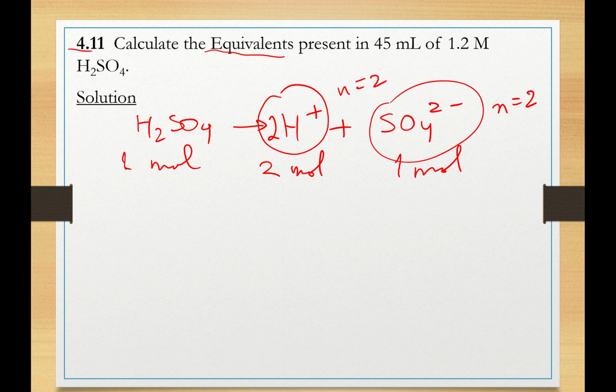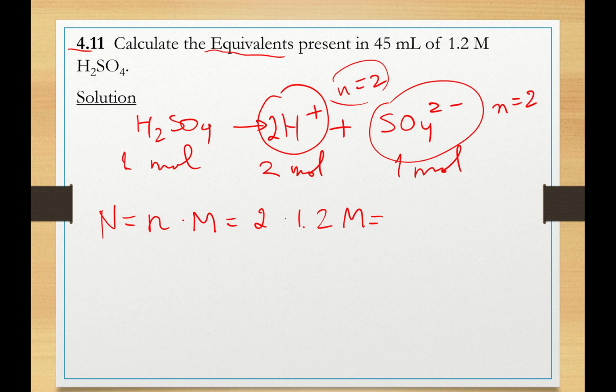So either way, the number of electrons that participate in the reaction, taking into account the valence and the stoichiometric coefficient, is 2. Very, very important. The definition we gave in lesson 7 about the normality, that is the number of protons or electrons participating in the reaction, don't take it lightly, okay? We are applying it here now, as you see. Now, we know that normality is equal to n times m. So n is 2, and we have 1.2 moles per liter.